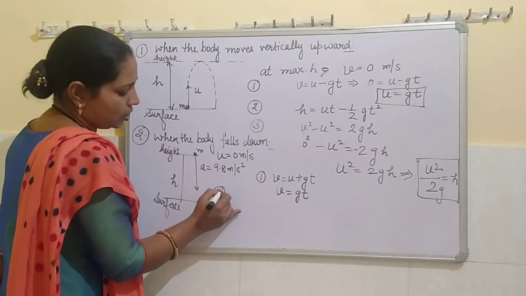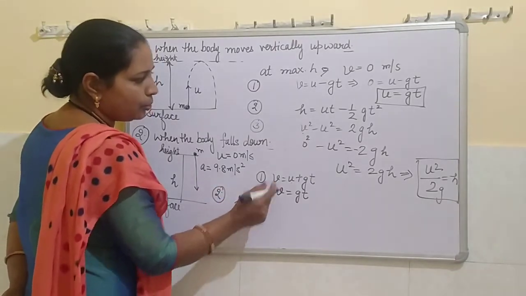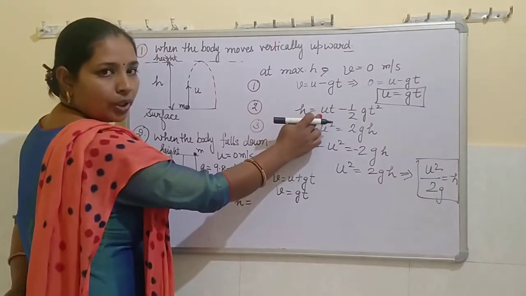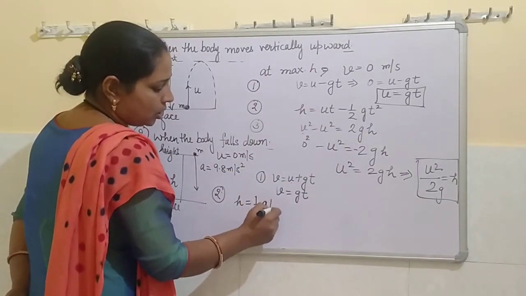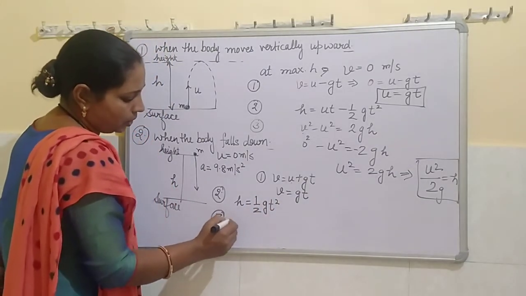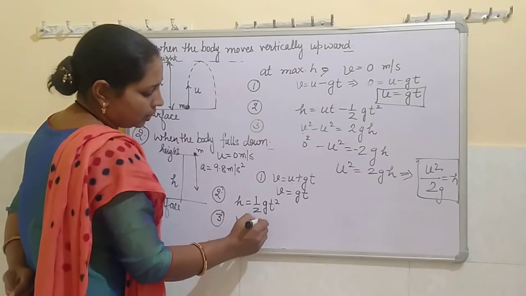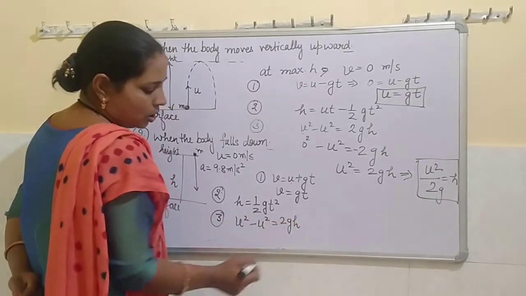How do the second equations get modified? That h is equal to ut, but u is 0 here, so I can simply write it as half g t square. And the third equation: v square minus u square is 2gh.